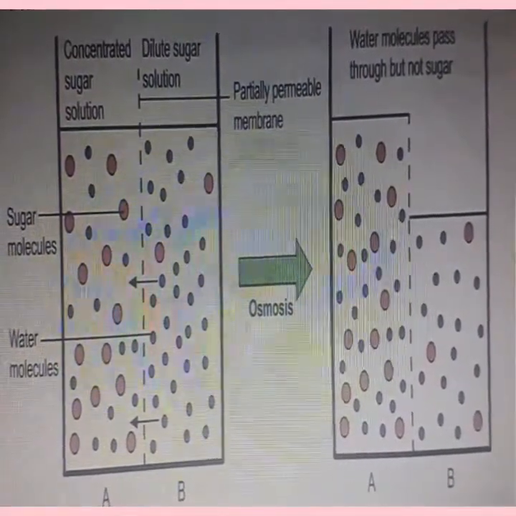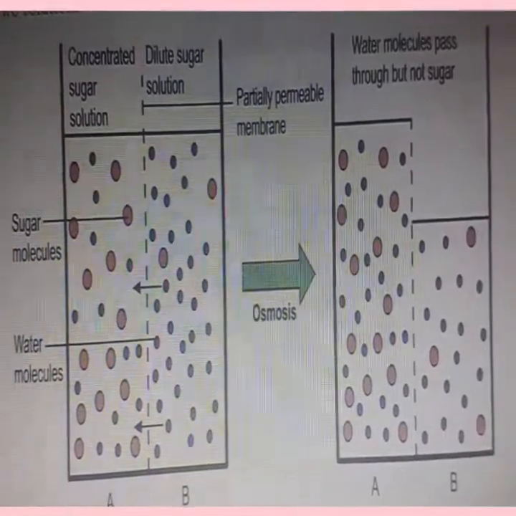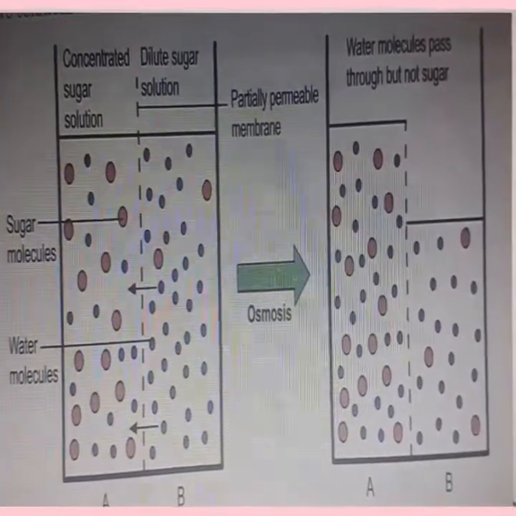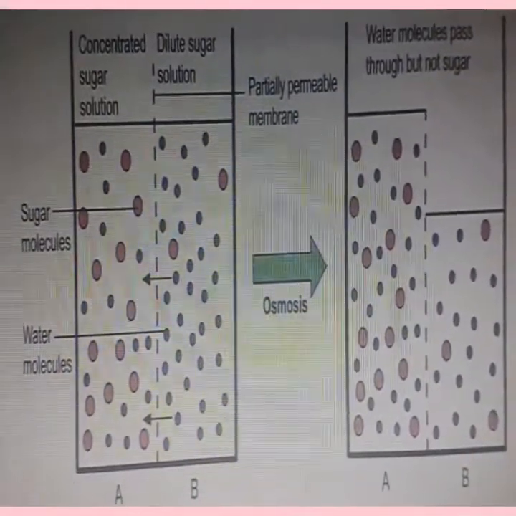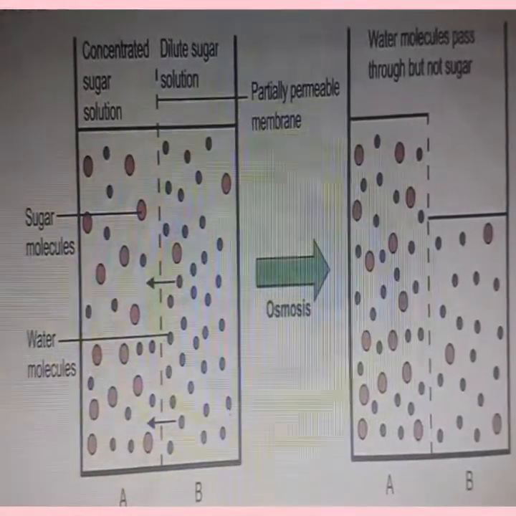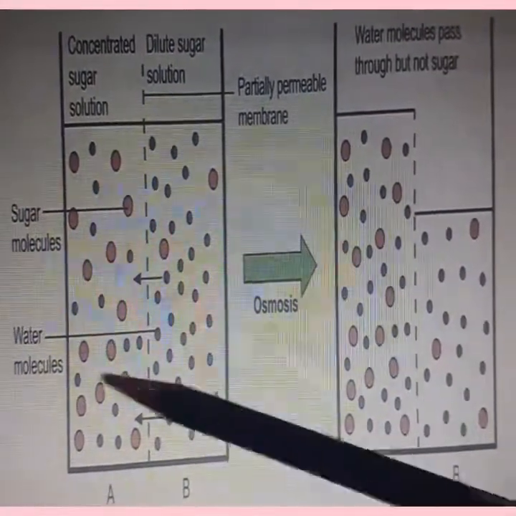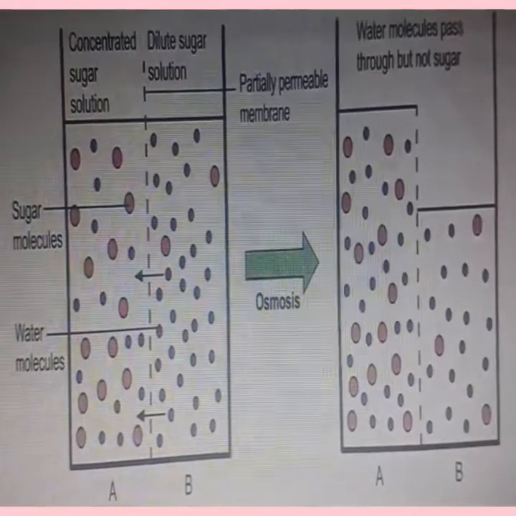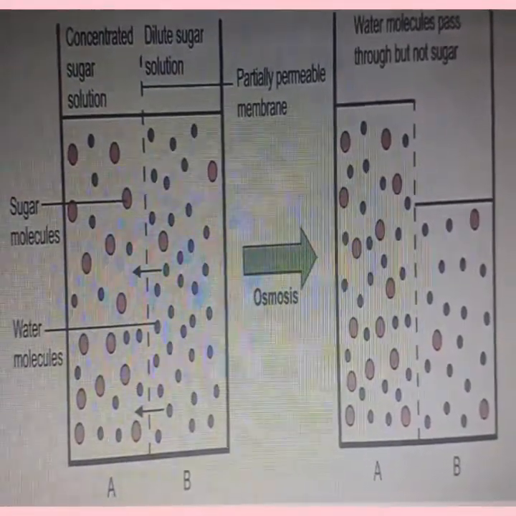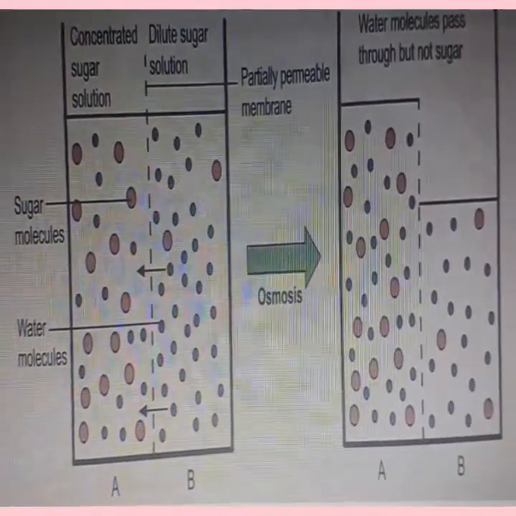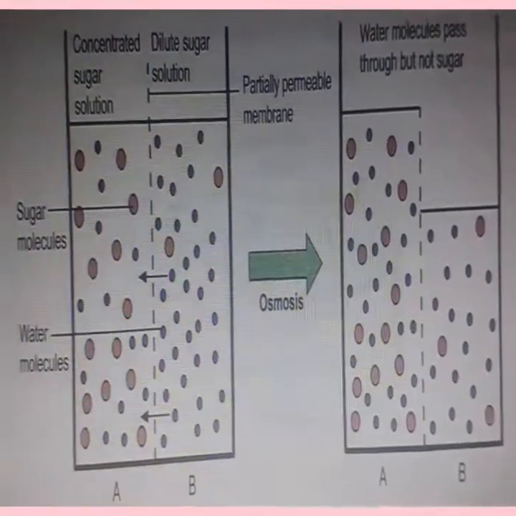Again, I repeat, a semi-permeable membrane allows certain molecules of a solution to pass while restricting the other molecules. Solution A is a concentrated solution with more molecules of sugar and less water molecules.